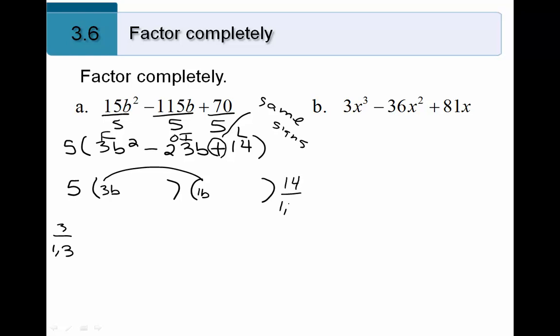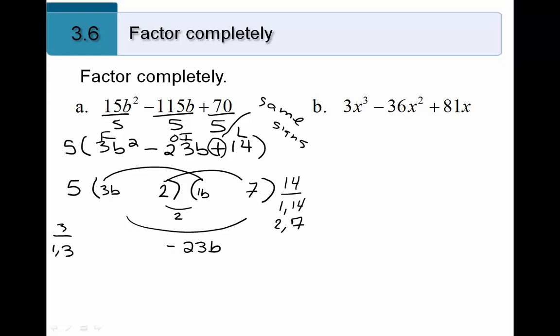My choices are 1 and 14, and 2 and 7. I'm going to try to put these in the right spots. I believe my 2 will go with the 3 and my 7 will go here. 2 times 7 is 14. Now I will check my inner and outer to make sure it adds up to negative 23b.